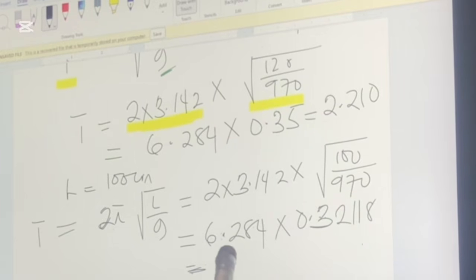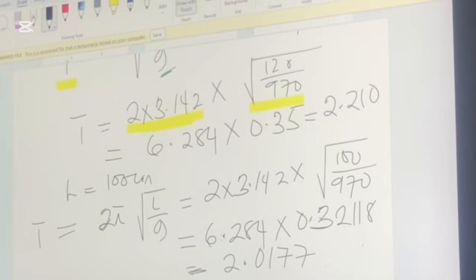And when you punch your calculator, our answer is 2.0177. Please take note. So I will input 2.02.